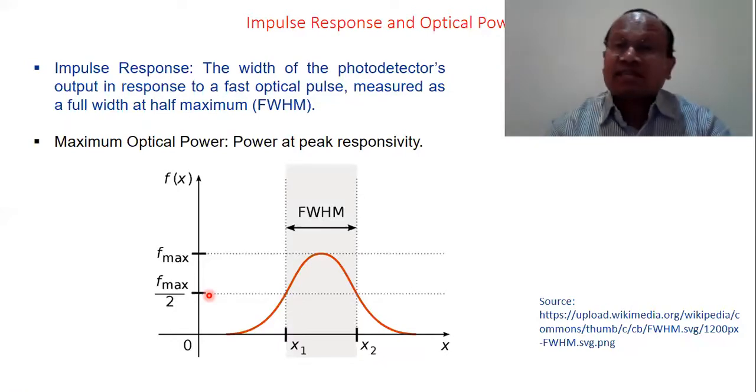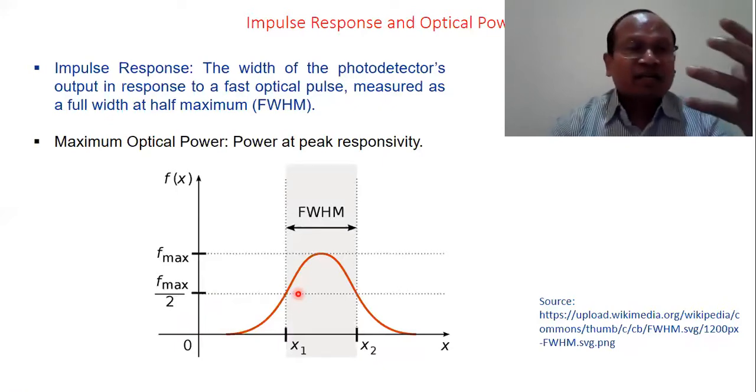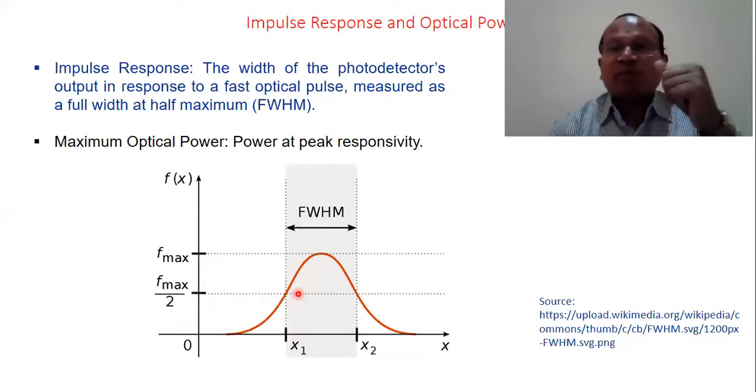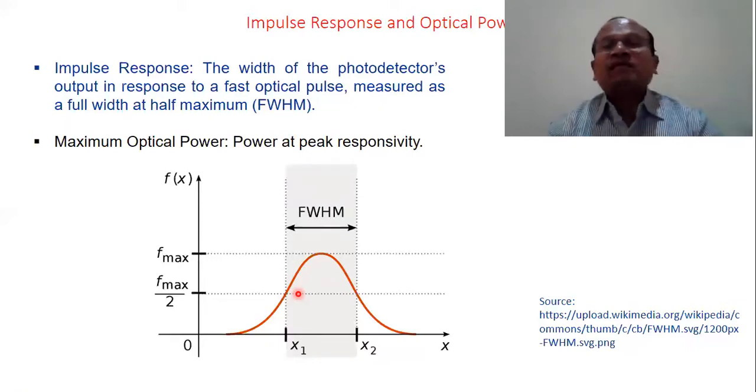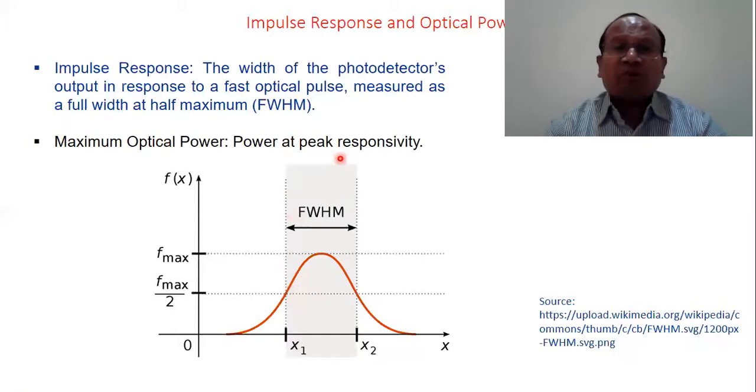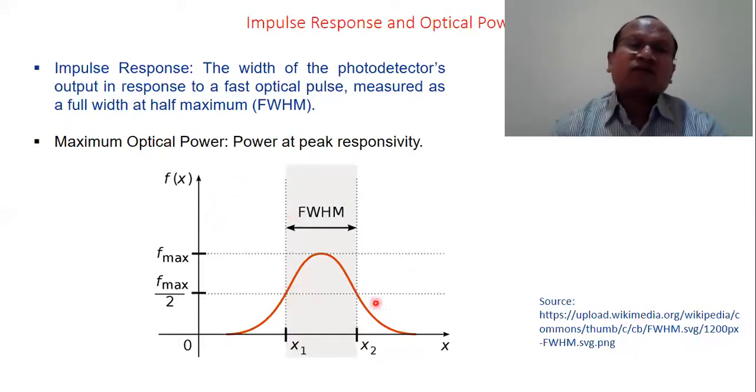At these values, either half of the maximum power or RMS of the instantaneous value, it is 3 dB down. So this is another important parameter. Since this is called impulse response, how widened or how narrow the response is, is indicated by the impulse response.